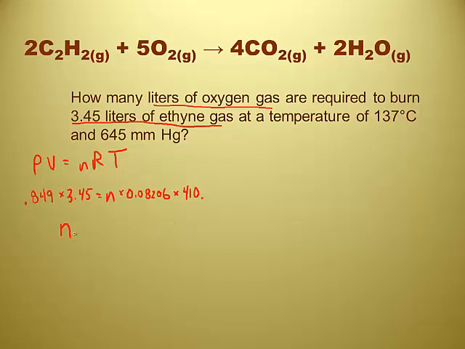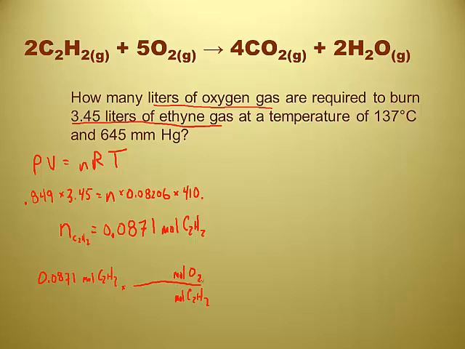So the number of moles of C2H2 winds up being 0.0871 moles of C2H2. Okay, so I'm going to take that, 0.0871 moles of C2H2, and convert that to moles of oxygen gas because that's what we're looking for.